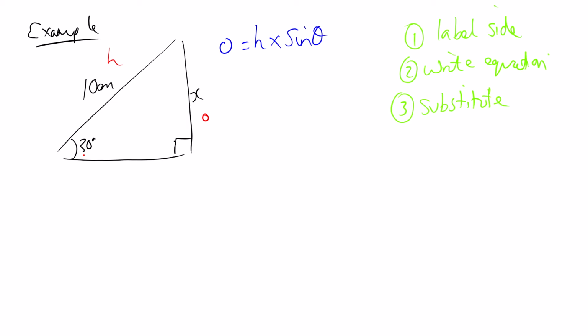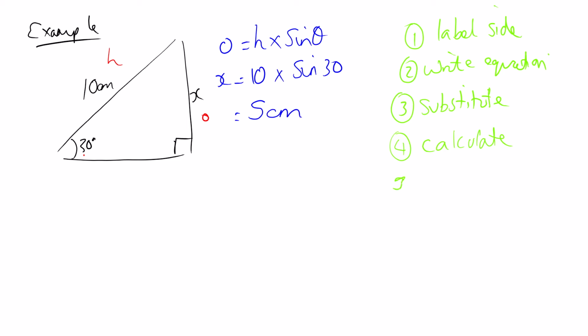So O is the side x, h is 10 and theta is 30. So we've got x is equal to 10 times sine 30. Step 4, we need to calculate. So 10 times sine 30, put it into a calculator, gives us 5 centimeters.